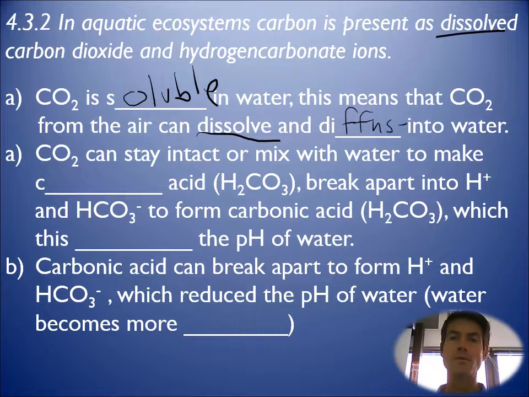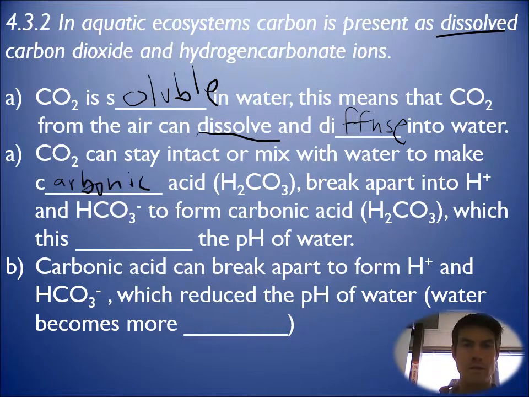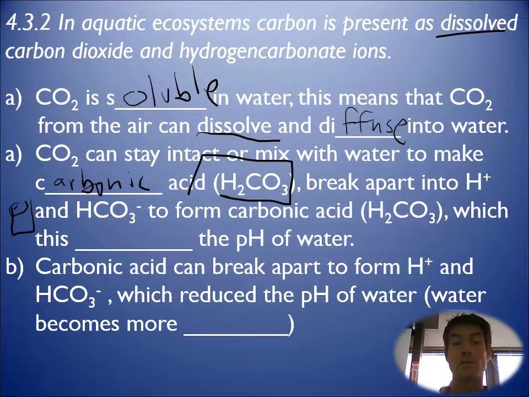So it can diffuse into water, from the air into the water, and it can make carbonic acid, which is what you have, say, in soda, like a can of Coke. You open it up, drink it. It's acidic, and part of that is carbonic acid, also phosphoric acid, especially in Coca-Cola. And this lowers the pH of the water.